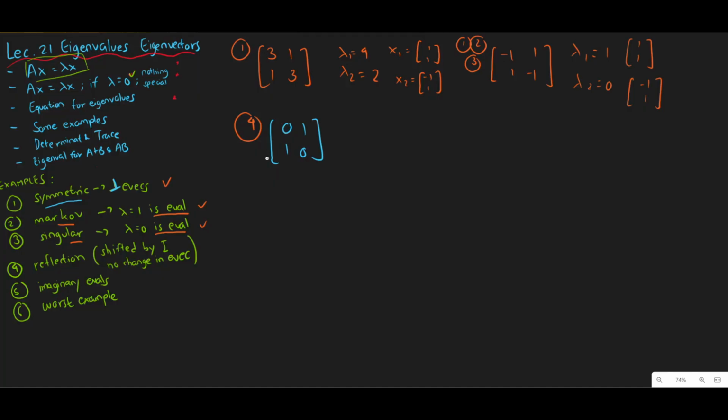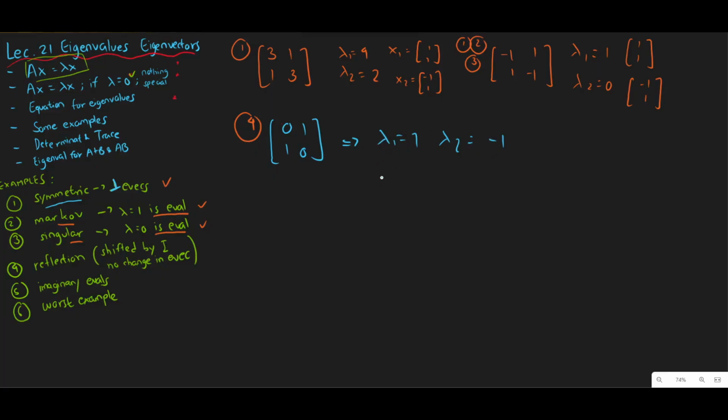Let's go to example number 4, which will satisfy our criteria here. This is the reflection matrix. This is an example from the book, and I will not compute it as thoroughly, so I'll just show you the result here. The eigenvalues are 1 and -1.